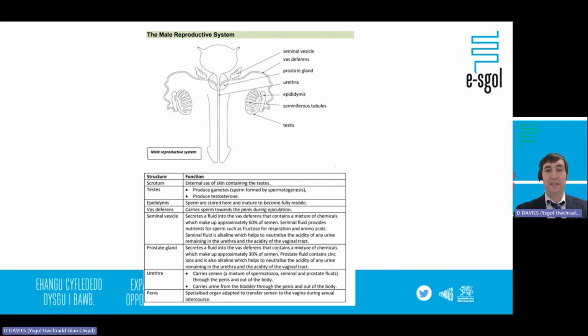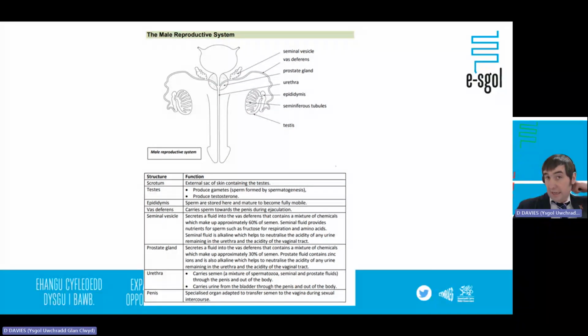The epididymis, those little structures there, is where sperm cells mature. The vas deferens carries the sperm from the testis to the base of the penis during ejaculation.